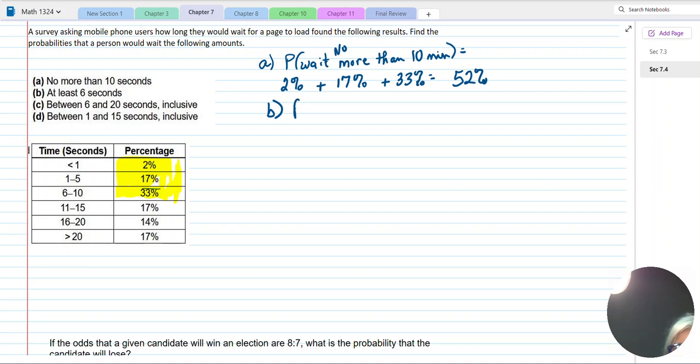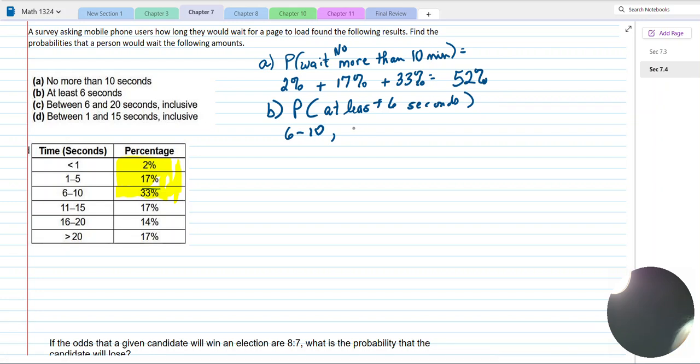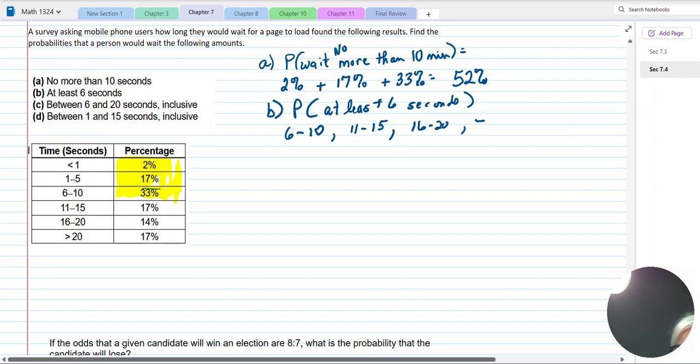The probability of at least 6 seconds. All right. So in this condition, we have those from 6 to 10, and then we would have the ones 11 to 15, and then we would have 16 to 20 seconds, and of course greater than 20. All of these are at least values in the chart.